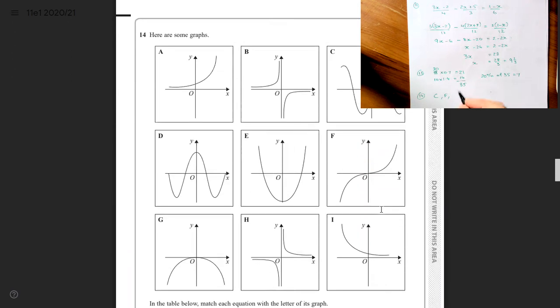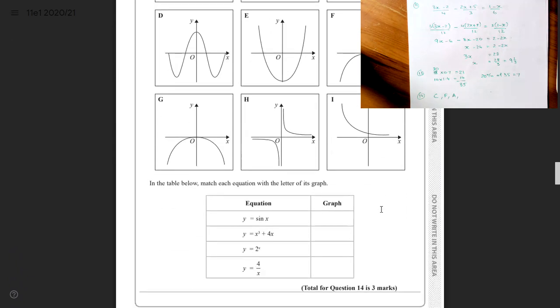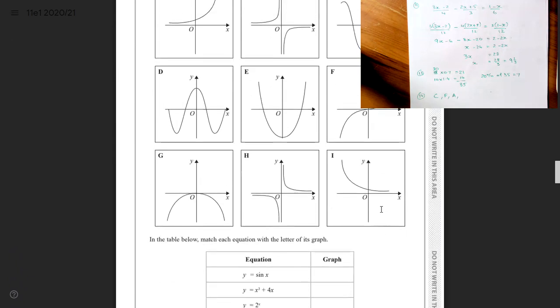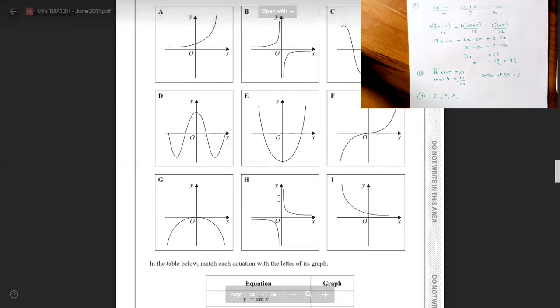So 2 to the power of x is A, and 4 over x is one of these two. Okay, so if you're not sure which way around it is, just try some numbers. So 4 divided by 1 gives you 4. Here 1 gives you a negative number, so it must be H.